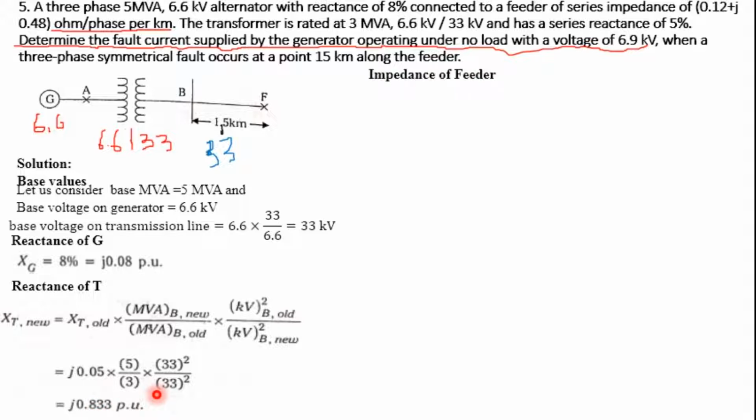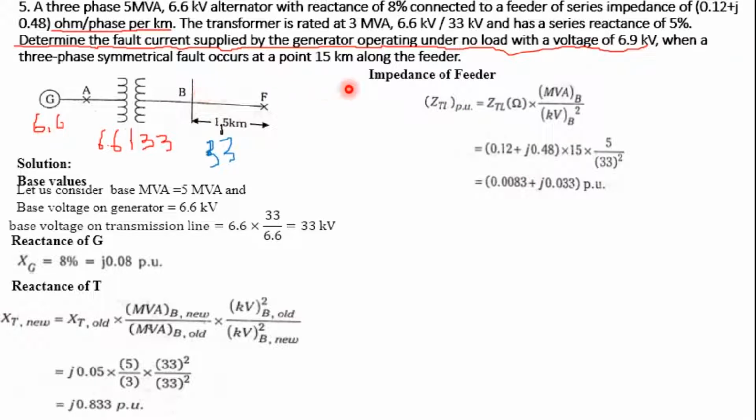Coming to the feeder, or the transmission line, this equation is important. It is not the same as for the generator and the transformer. Z_TL per unit = Z_TL in ohms times MVA base divided by kV base squared.